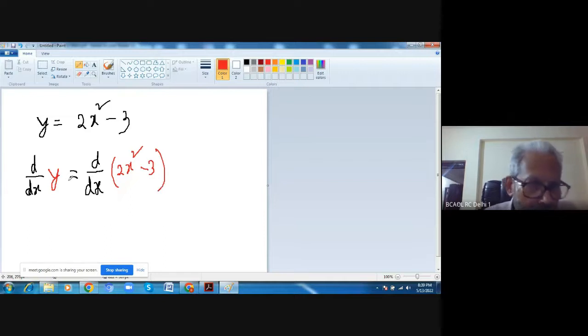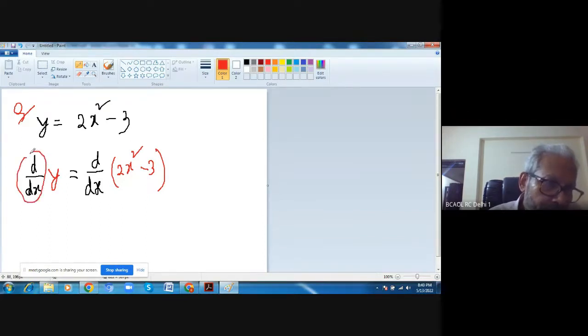But that's all. So you have to keep in mind what you are doing in this way. Basically, this is given in the question, that is the question, and you are finding the derivatives. So first of all, this symbol you have to write on both sides.